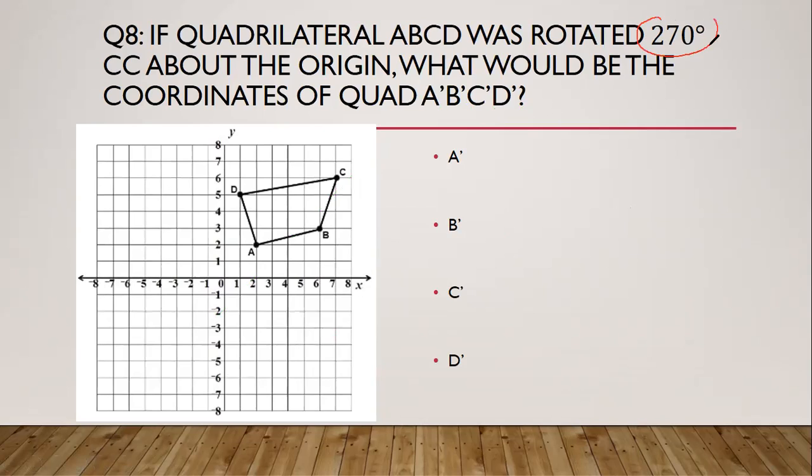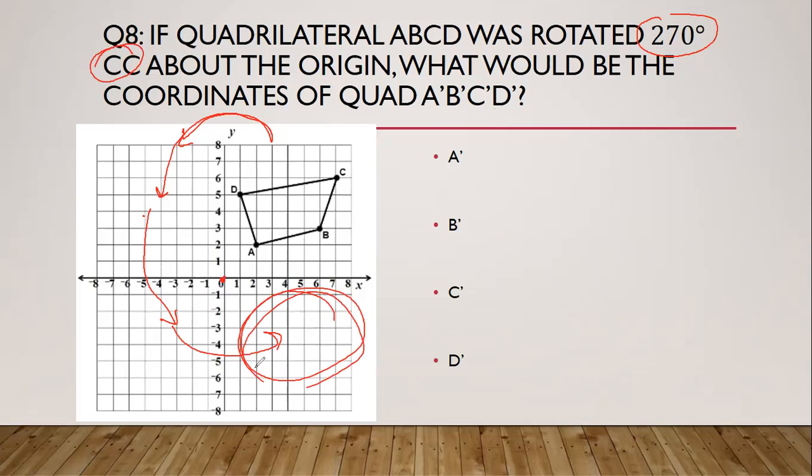Okay, so we have 270 degrees counterclockwise about the origin. So remember, counterclockwise means this way. Okay, so 270 degrees means 90, 180, 270. So it's going to end up right over here.